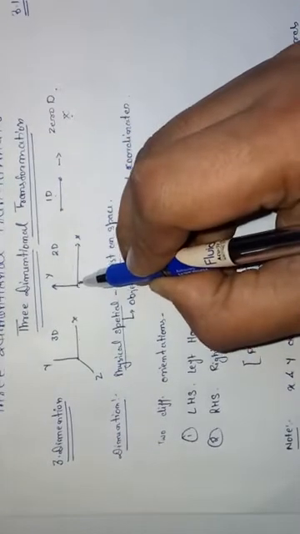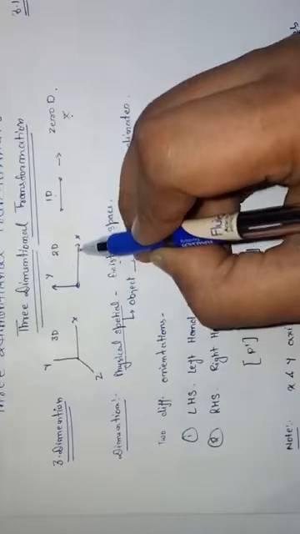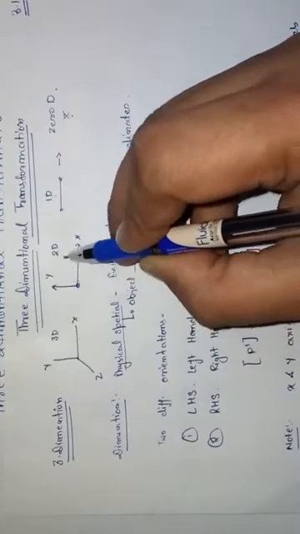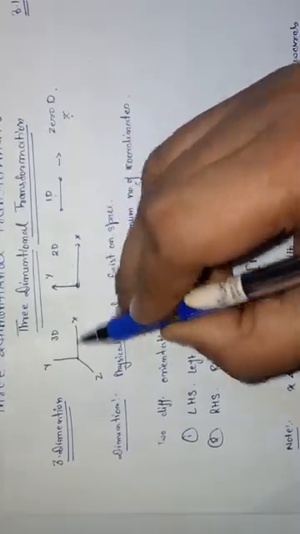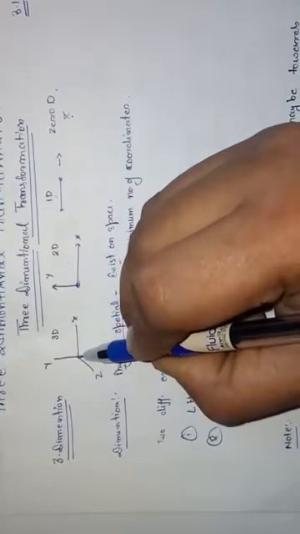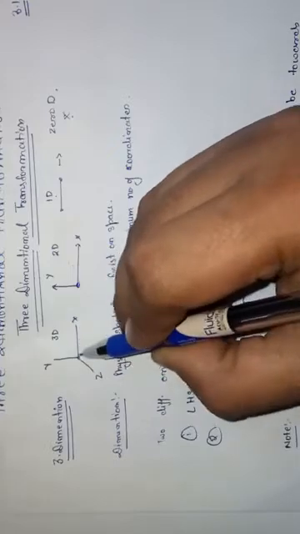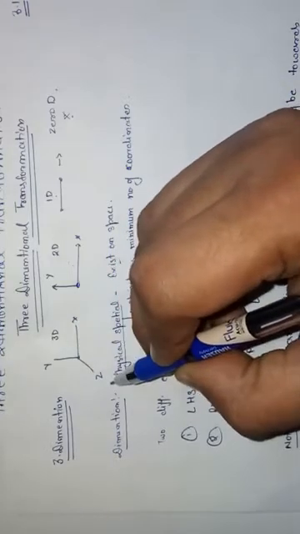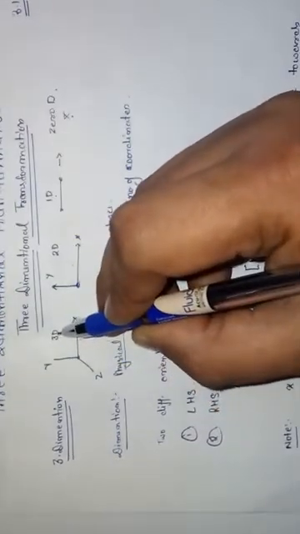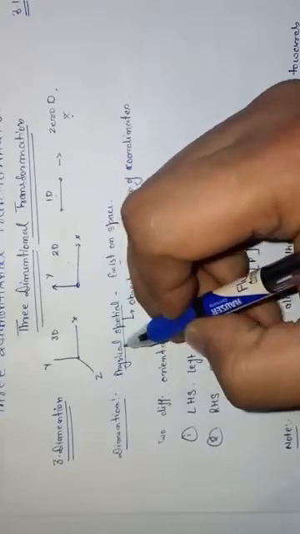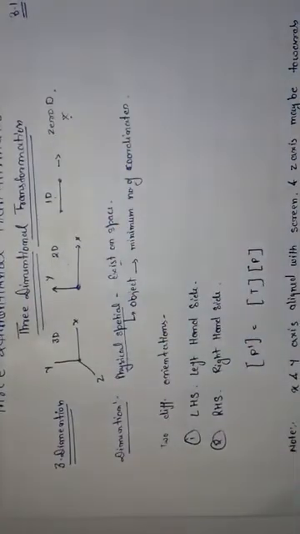If it can go in this direction or this direction, it has two dimensions. If an object can go left hand side, right hand side, up and down, and front and rear, this capability means three dimensions. So now you can understand what dimensions are and what three dimensions are.